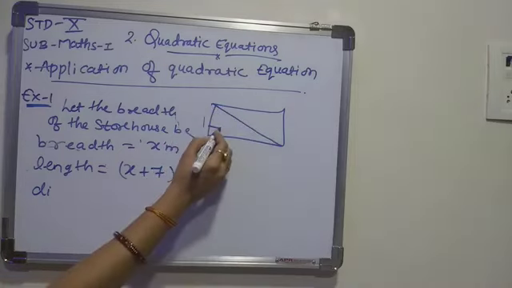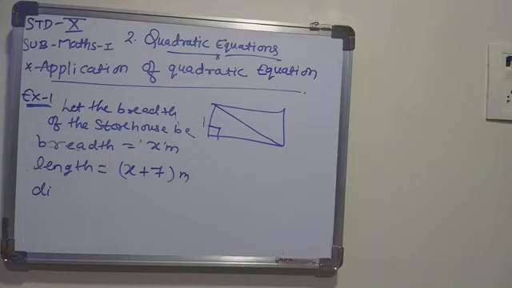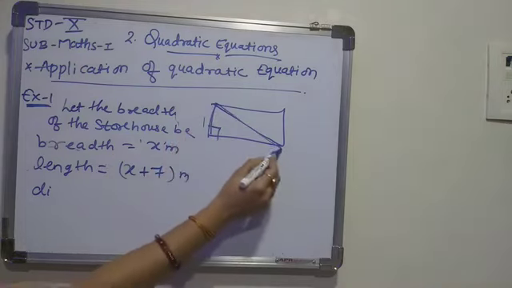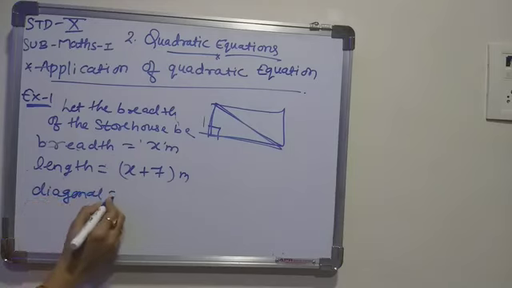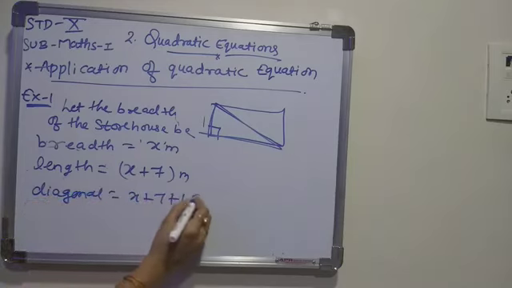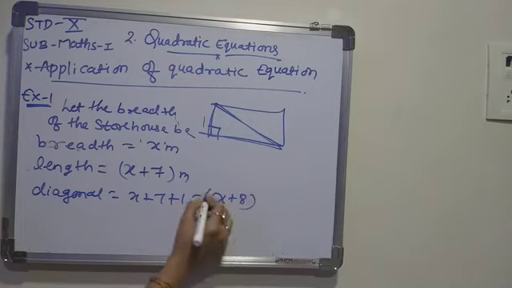It's a rectangle, meaning all the angles of a rectangle are 90 degrees. So basically you are getting a right angle triangle. The diagonal is 1 meter more than the length, meaning x plus 7 plus 1, which is equal to x plus 8 meter, right?